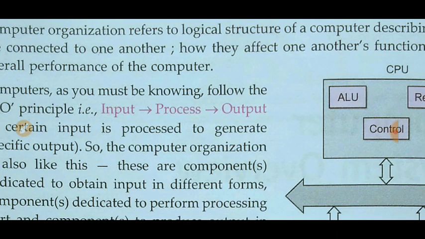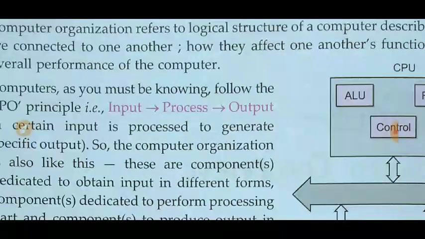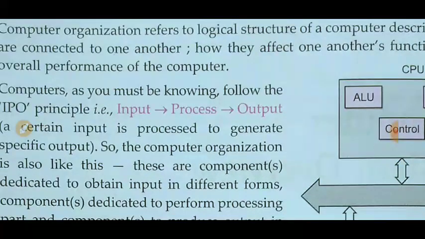If we want to display our output in soft copy manner, then it will display with the help of monitor, or if we want to display our result or information in hard copy manner, then that time we will use the concept of printer. Clear?